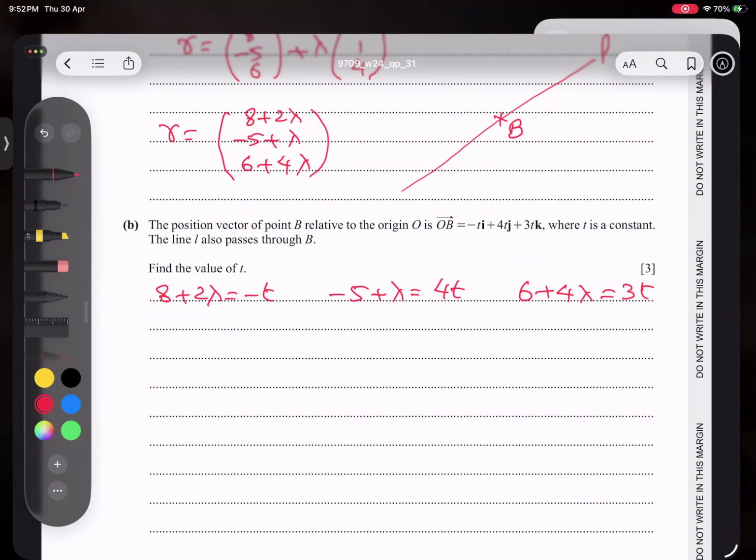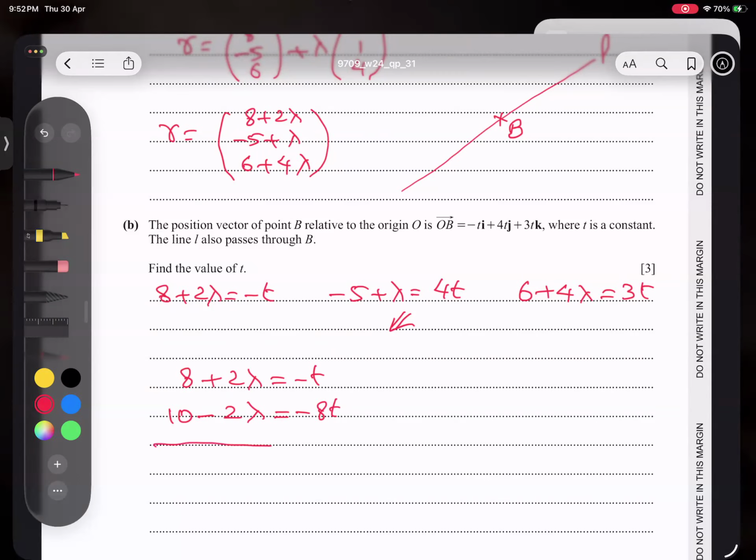All are okay. If I multiply this by negative 2 and add this, we can get it easily. So I'm solving 8 plus 2 lambda is equal to negative t, and this equation multiplied with negative 2. So I'm getting negative 2 times negative 5 means 10, negative 2 lambda equal to negative 8t. Okay, so negative 8t. This clear?